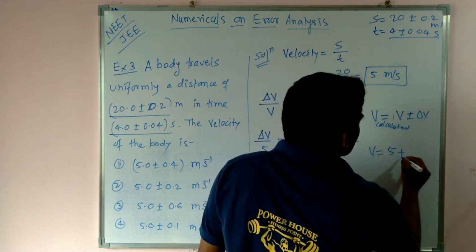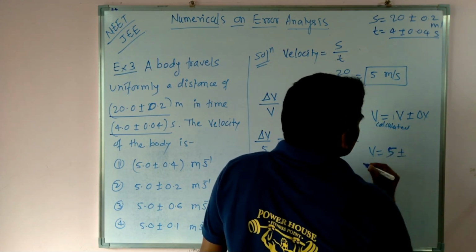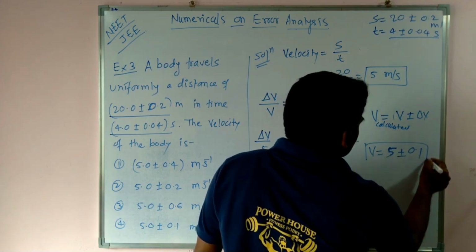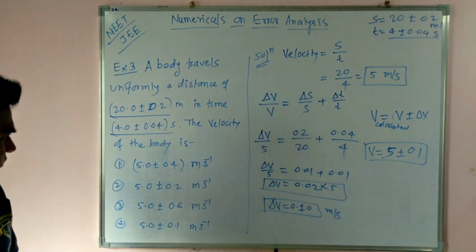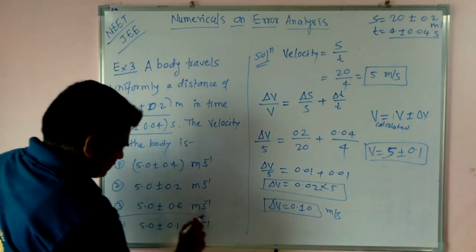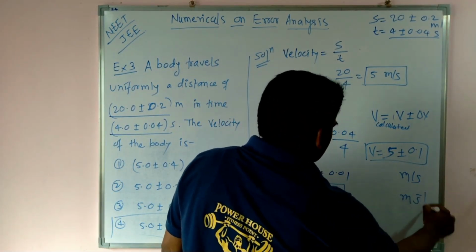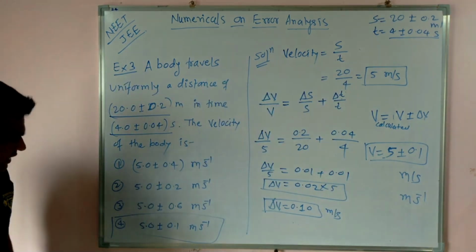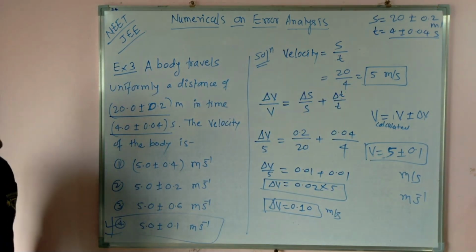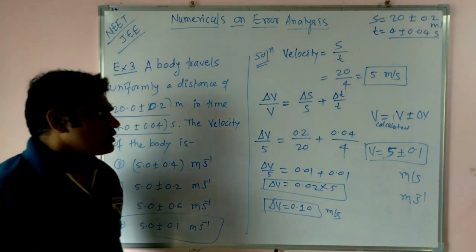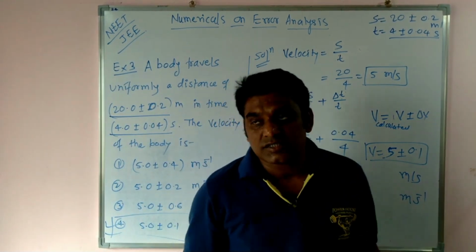V is 5 plus or minus 0.1 meter per second. So this is the option, and this is the answer. In this way we have to solve the numericals.